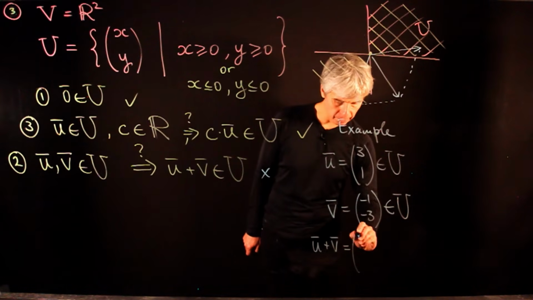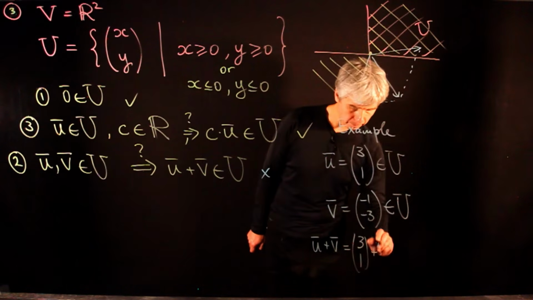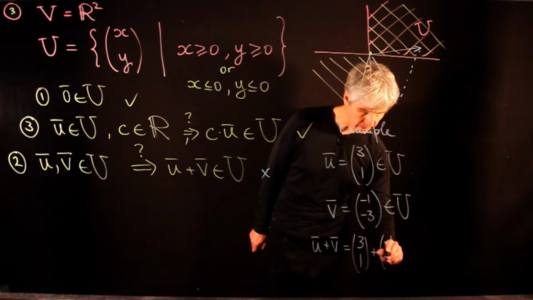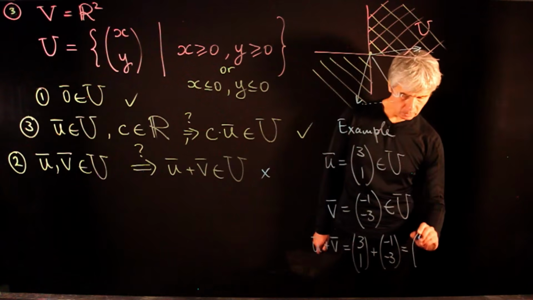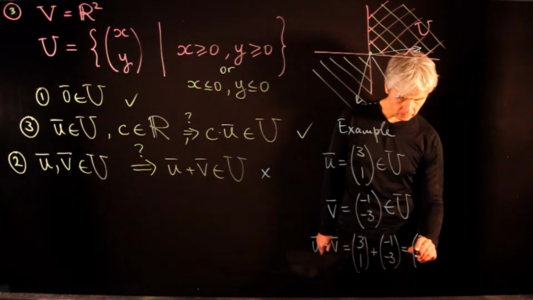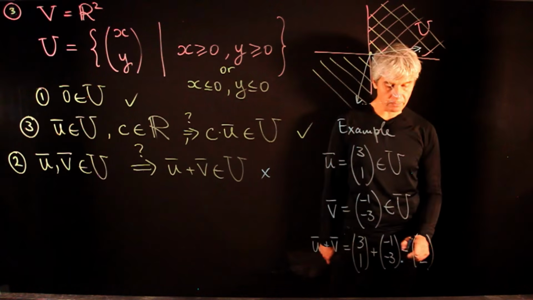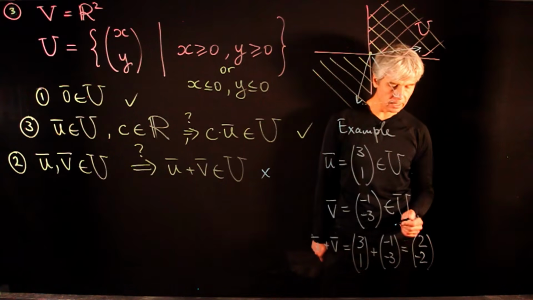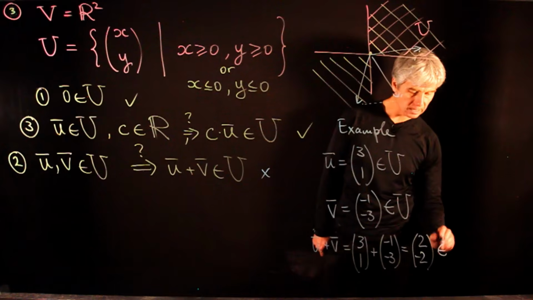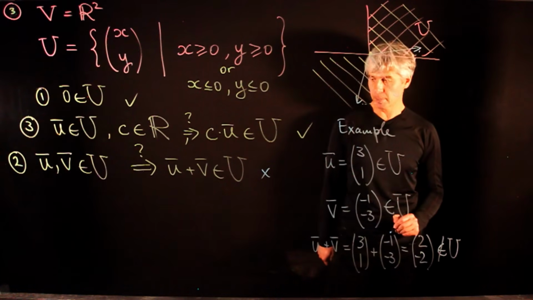So we have (3, 1) plus (-1, -3). The sum of these vectors is going to be 2 here, and here we have -2. So what we've got is mixed components. One component is positive and another is negative. So this means that this is not in U.